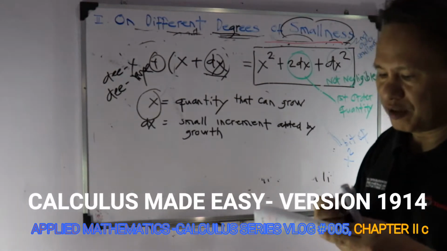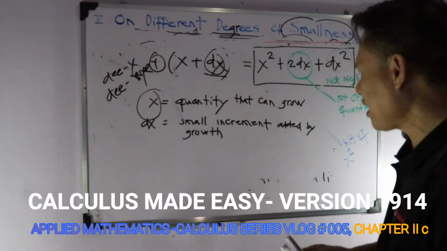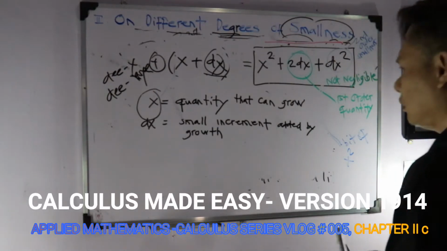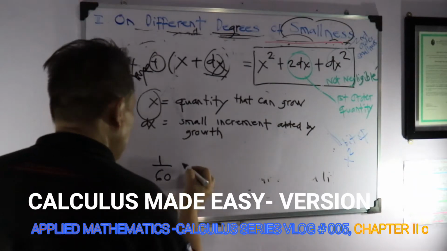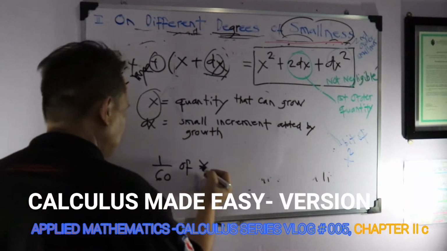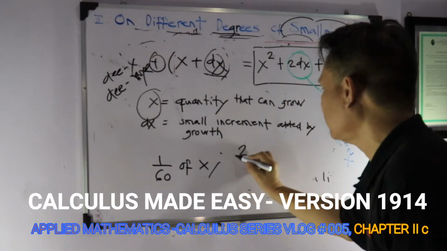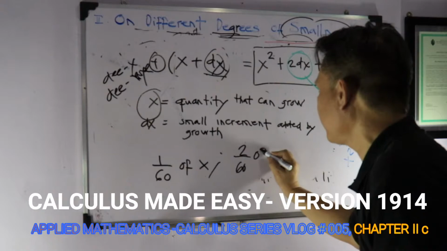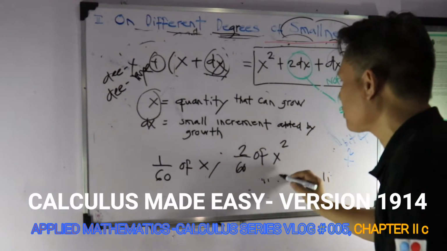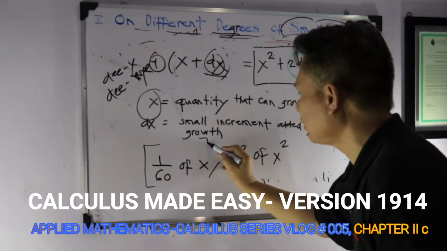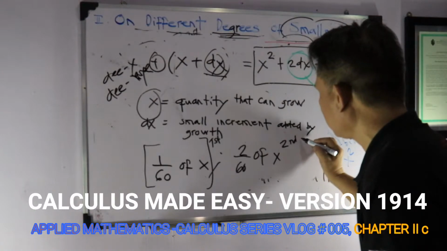Now, if we make dx, we'll subject this to, say for example, 1 over 60 of x. This would be 2 over 60 of x. So let's say this would be an x squared. For example, this one is the first order and this is the second order.